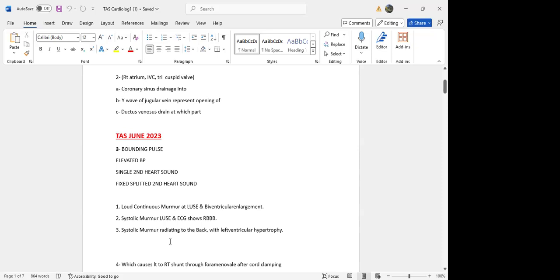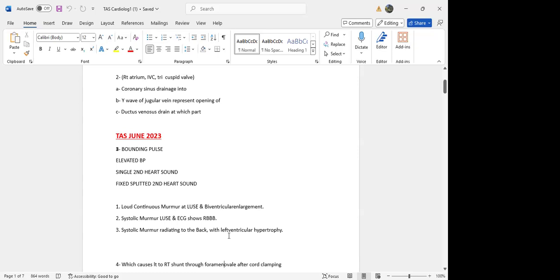Systolic murmur radiating to the back with left ventricular hypertrophy. So now they are talking about a murmur which is radiating to the back and it is associated with left ventricular hypertrophy. So most likely what could be the answer over here? Elevated BP. Very good. It is coarctation of the aorta.